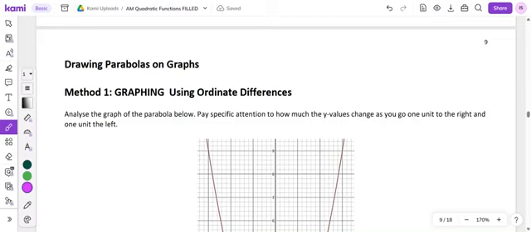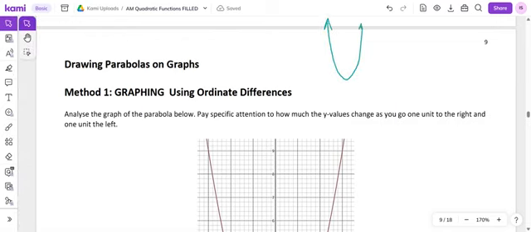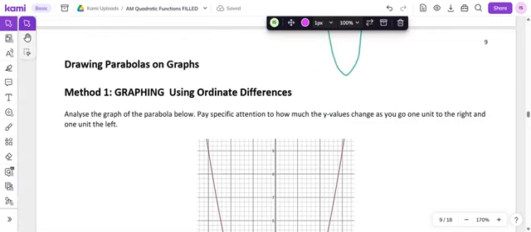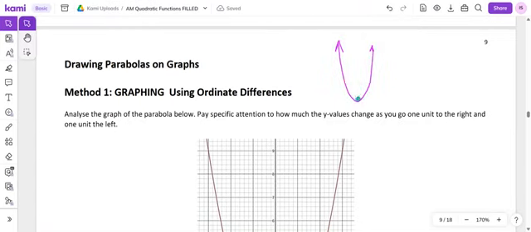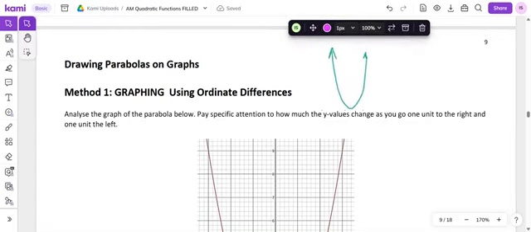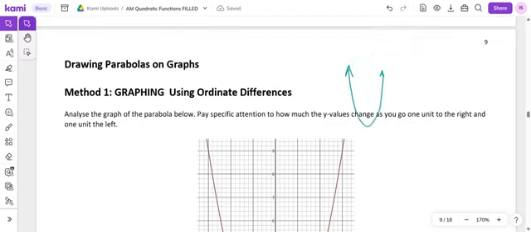Okay, so in the last 3 lessons, we were learning about the types of transformations that parabolas can have. A parabola can have a vertical translation, it can have a horizontal translation, and it can be stretched and reflected, which I can't do with my cursor.